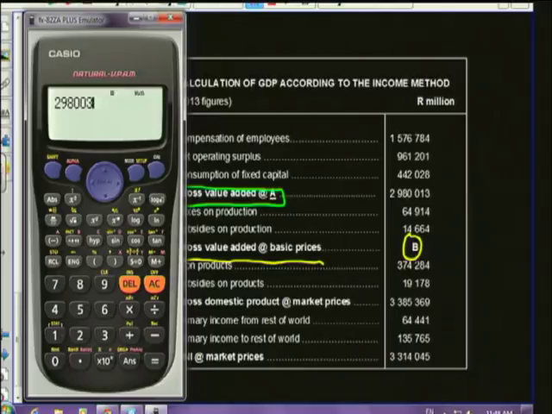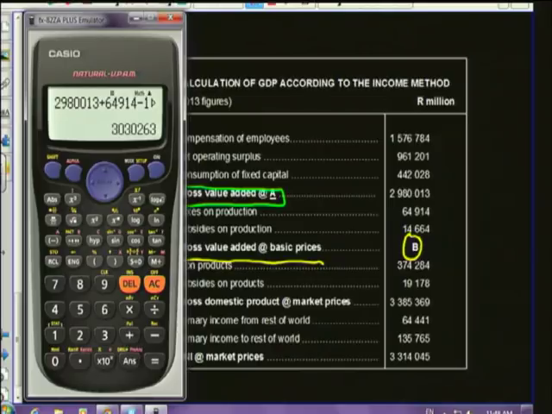2,980,013, and there's a problem there, so I'm going to press the button again. 2,980,013 plus 64,914 minus 14,664, and the final answer would be 3,030,263.